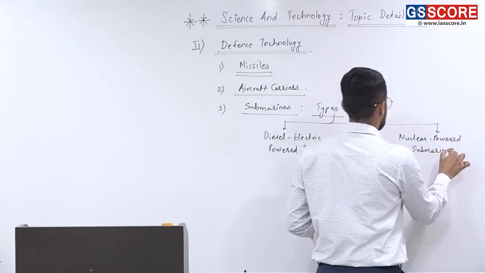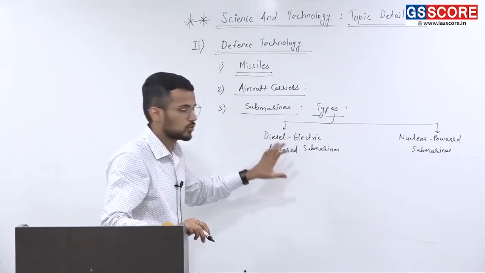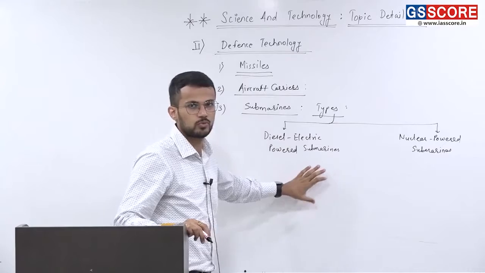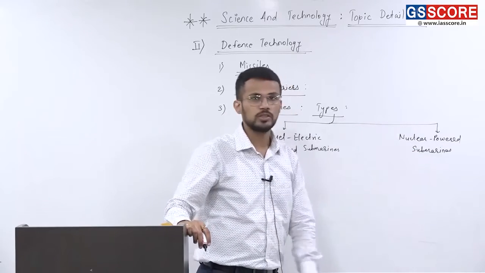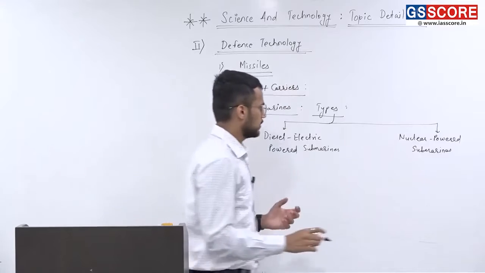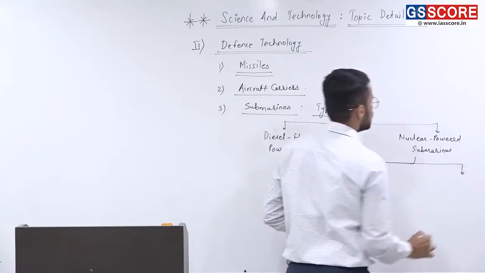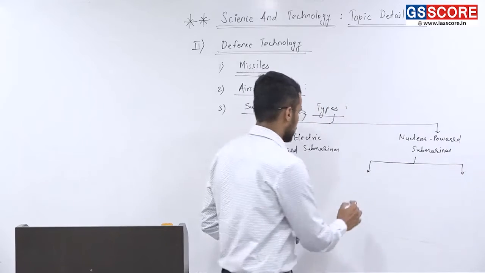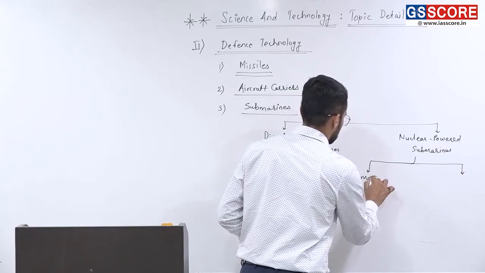Right? And then different examples of diesel electric powered submarines with the Indian Navy and examples of nuclear powered submarines with the Indian Navy. Further, nuclear powered submarines are classified into two types. Which are they? First is submarine ship.